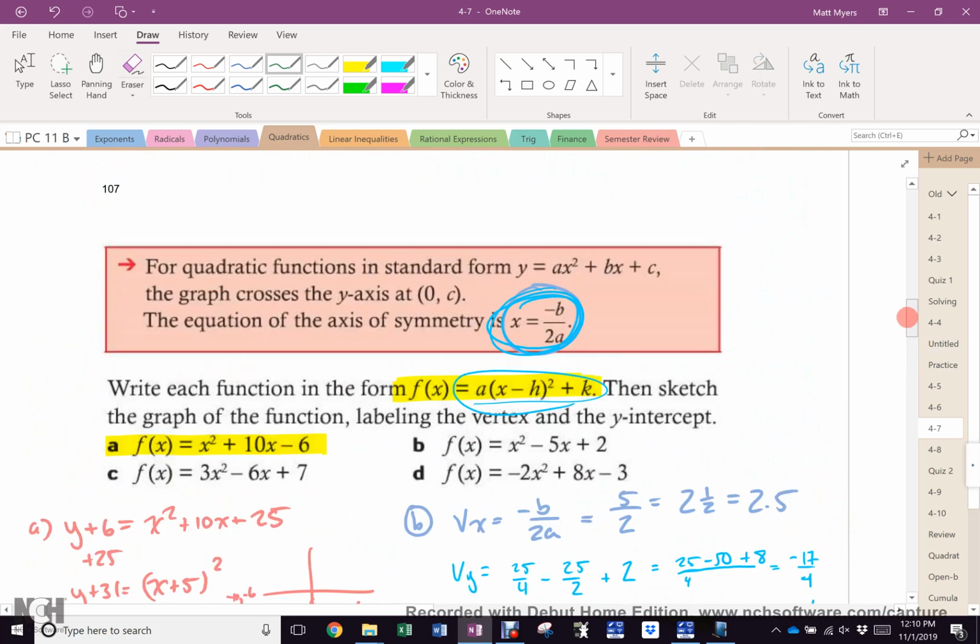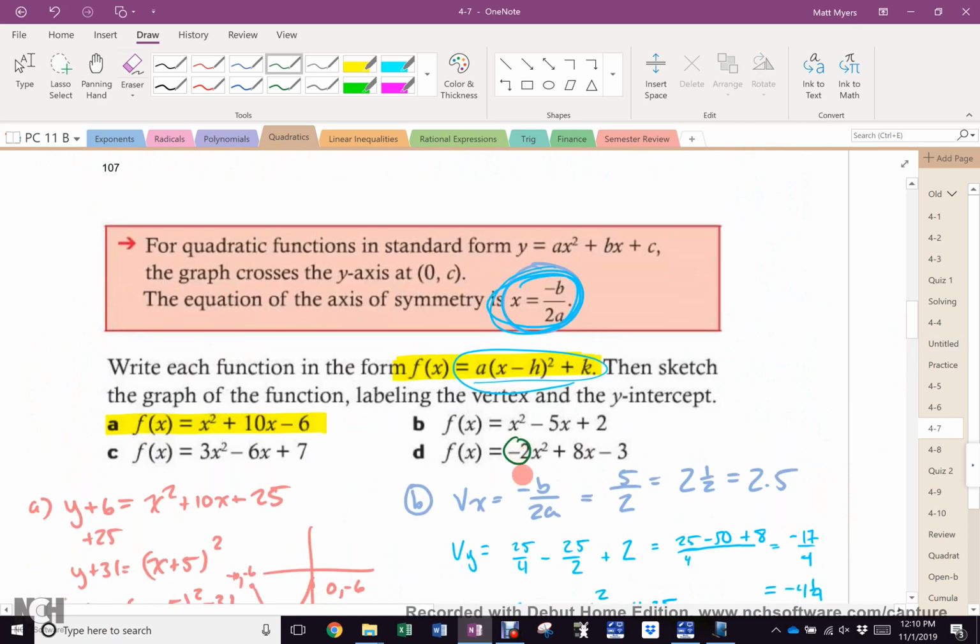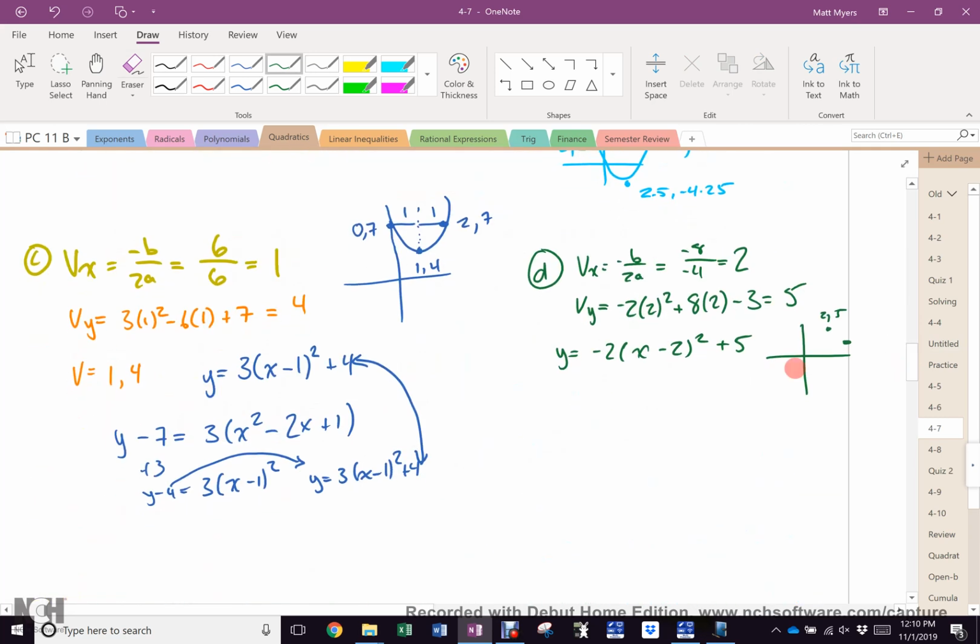No. A was negative 2. So it's negative 3, 0. So what's this point out here? Still negative 3. I went 2 that way, so I went 2 that way. So what's this? 4. And then I check. I went over 2. I should have gone down 4, but there's an A value, so I had to go down 8.